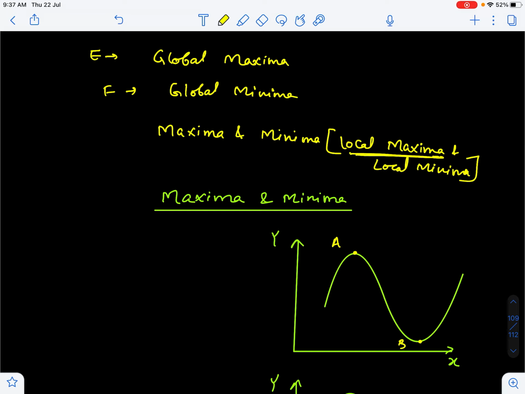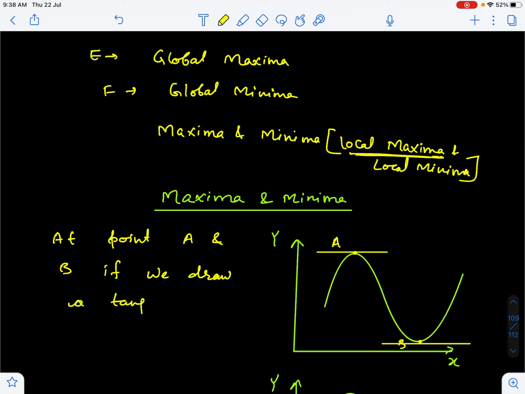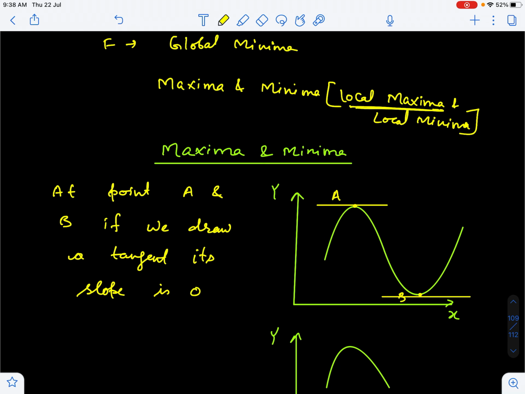So I am looking at point A and at point B. If I draw a tangent at point A and B, its slope is 0.